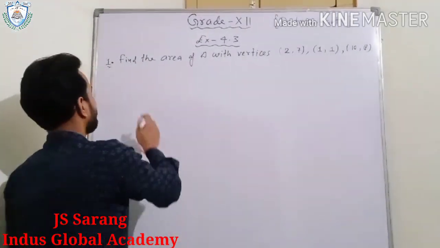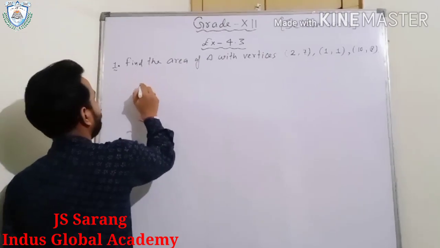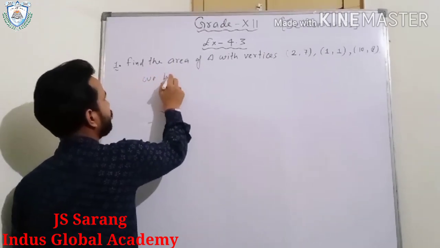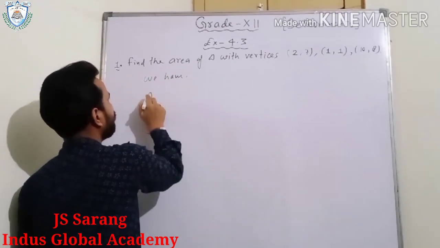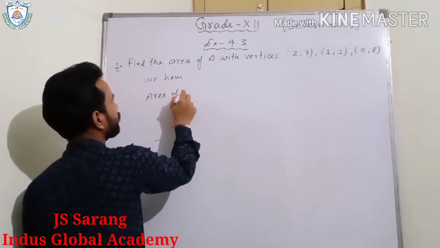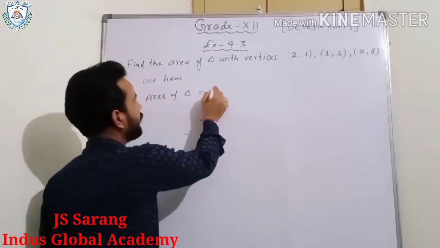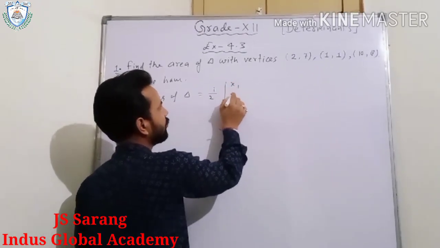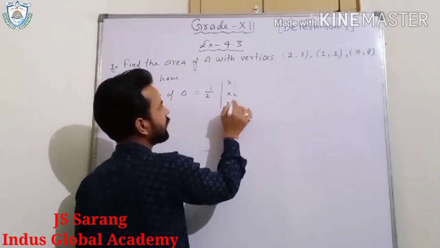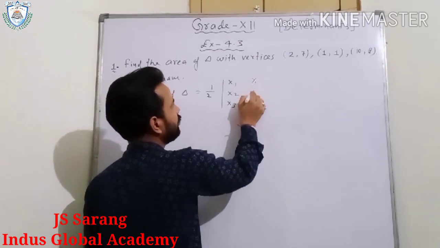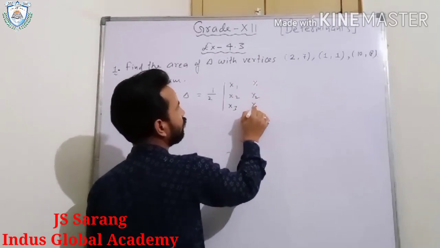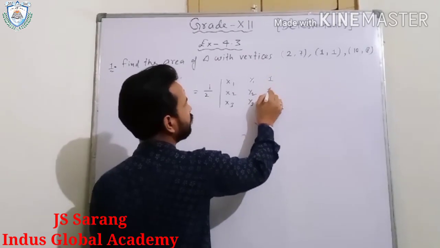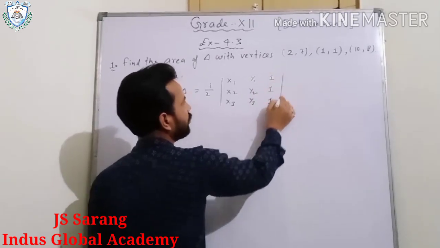So we know the area of a triangle formula is 1 upon 2 determinant of x1, x2, x3, then y1, y2, y3, and in the third column we put 1, 1, 1.